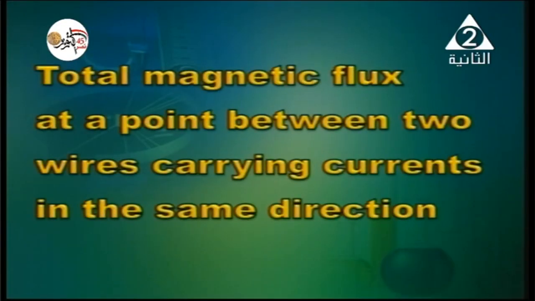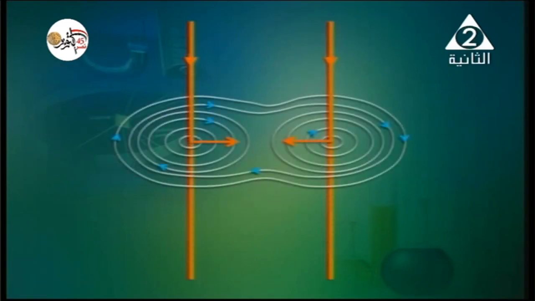Talking about total magnetic flux at a point between two wires carrying currents in the same direction. So we've got two wires that carry currents in the same direction, and we want to calculate the total magnetic flux at a point between the two wires or outside the two wires.